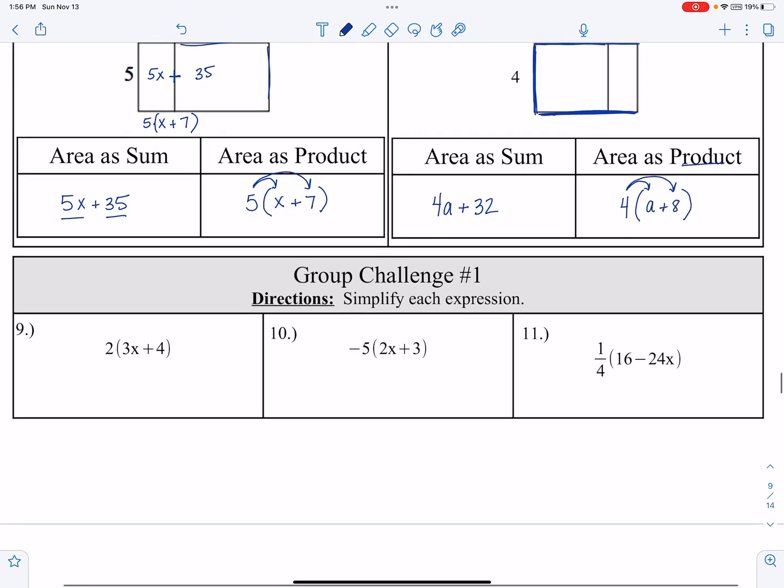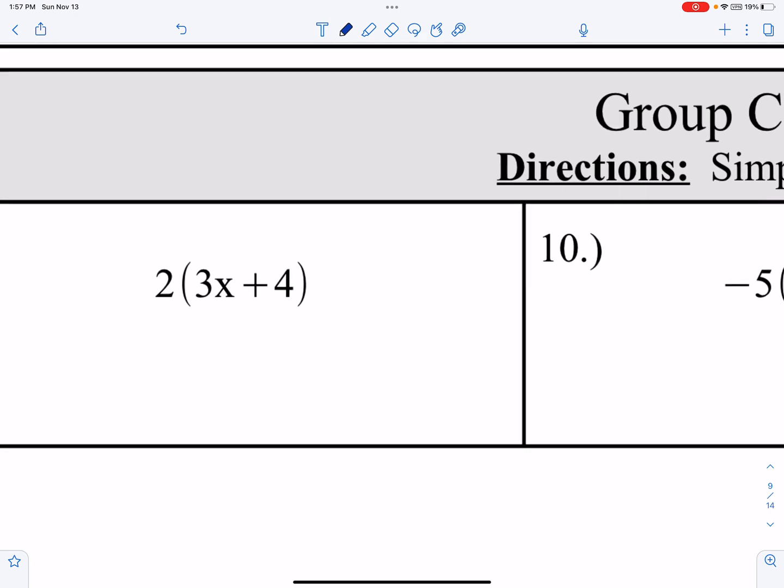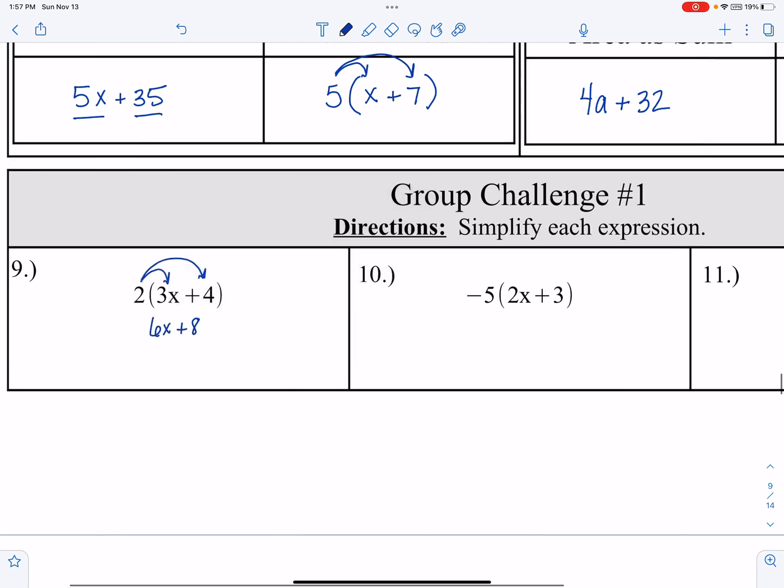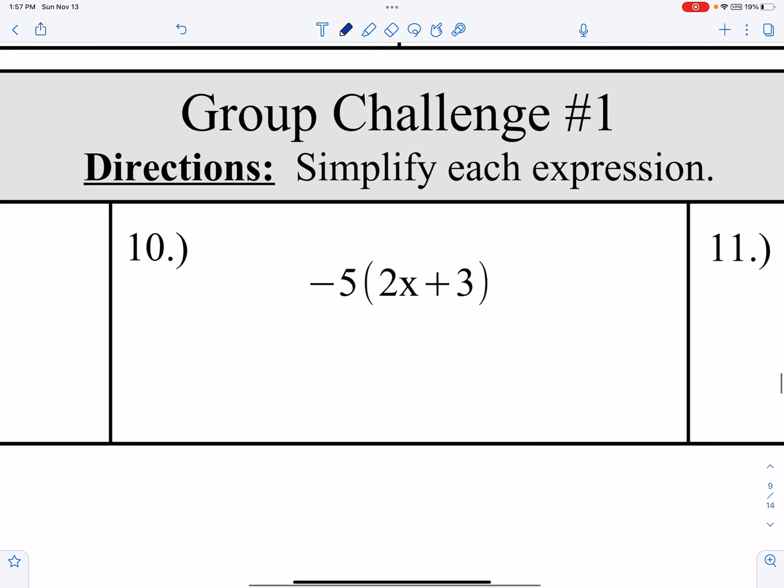Okay, all right. Now, this bottom one is not really a group challenge because we've already done this distributive property. So if you want to pause, do them real quick, and then check, you can. I'm just going to go ahead and do them quickly here. So 2 times 3x is 6x, plus 2 times 4 is 8. Okay. All right, next one.